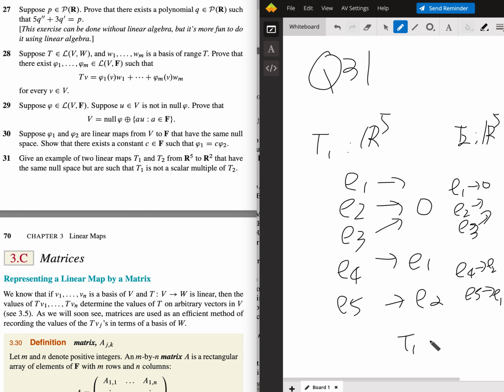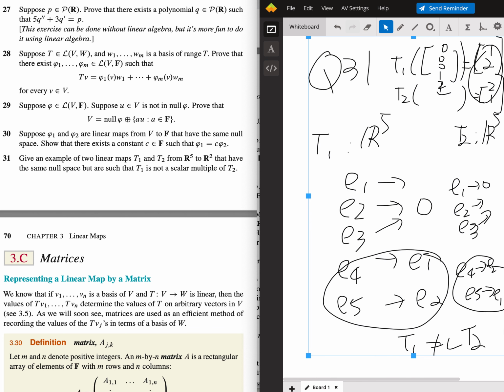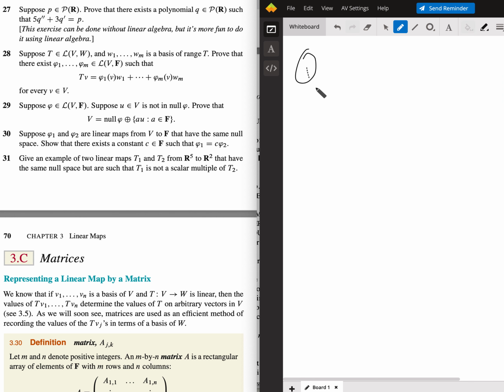And T1 is not a linear multiple of T2 because, let's say T1 of 0, 0, 0, 1, 2 is going to be equal to 1, 2, and T2 of the same thing is going to be 2, 1. These two are not scalar multiples of each other by any stretch of the imagination. So, yeah, that one's not too bad.